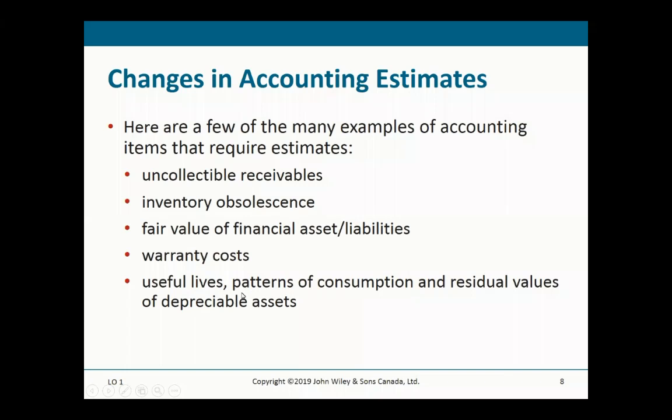So in my example previously with the car, if now the reason we're changing from straight line to units of production is because we're using the car very differently than we've done in prior years, that generally is treated as a change in accounting estimate because we've changed the way we're operating the business, we're using that asset.